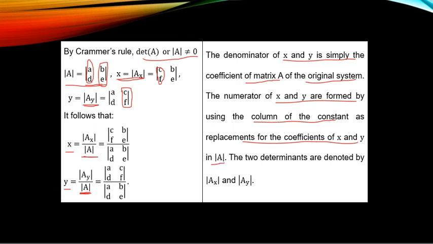Okay, the two determinants are denoted by determinant of A sub Y, and determinant of A sub S. That is A sub S, A sub Y.